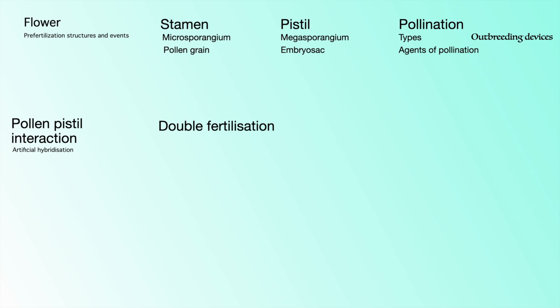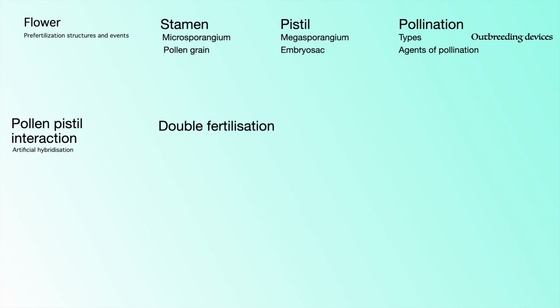Now there is another male gamete. This male gamete moves towards the central cell. Do you remember? Below the egg apparatus, we had two polar nuclei. So this male gamete moves towards these polar nuclei. The male gamete has one nucleus and there are two polar nuclei. In total there are three nuclei, all haploid in nature.